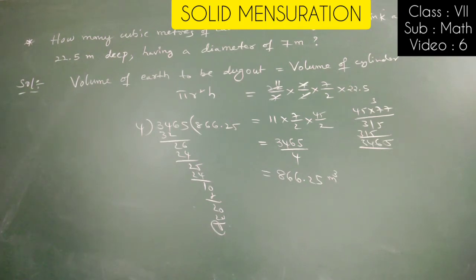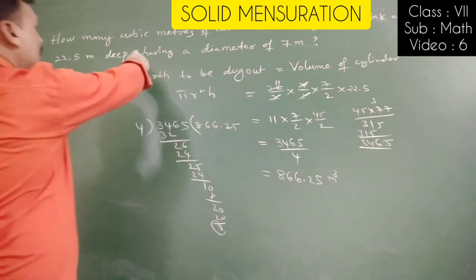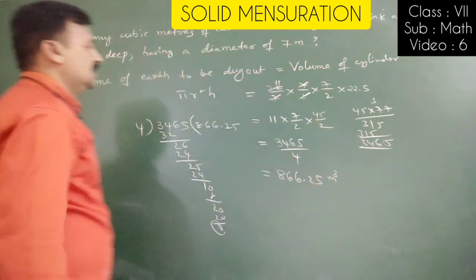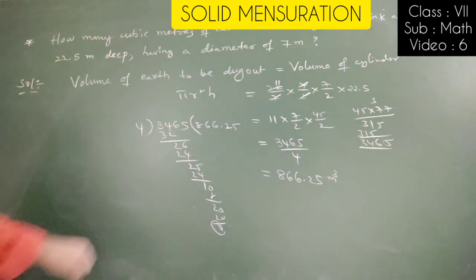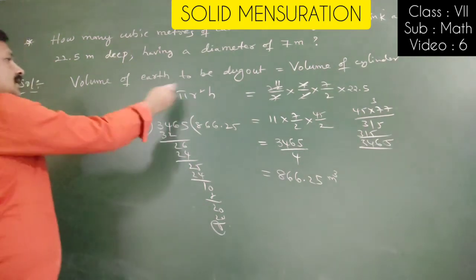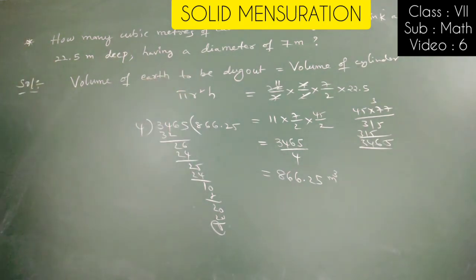Okay, and another problem is also included in this one, but I did not write that one. I will continue this one. First of all, how many cubic meters of earth must be dug out to sink a well, they asked. For that, volume of earth equal to volume of cylinder, that is volume of well. So that is pi r square h.